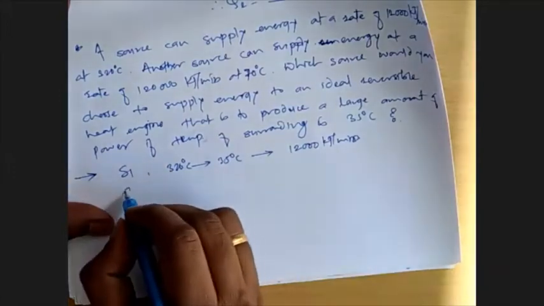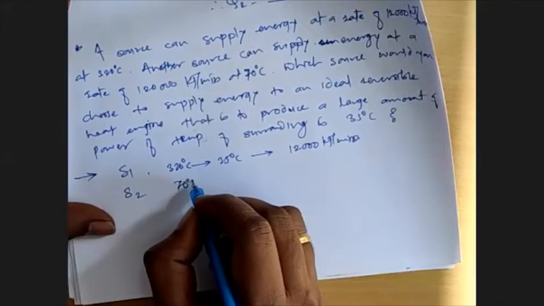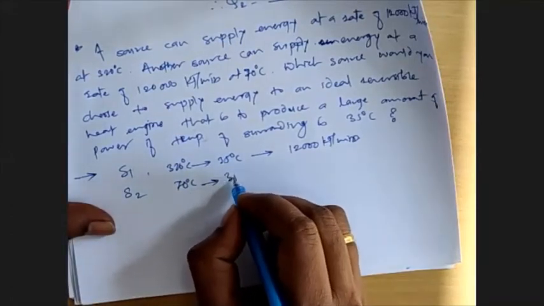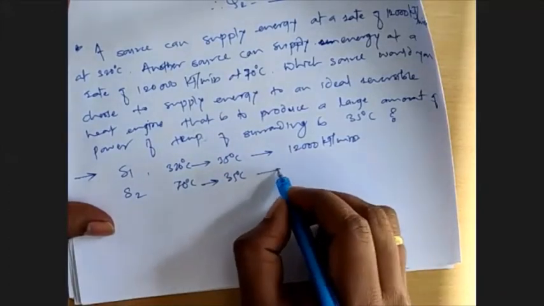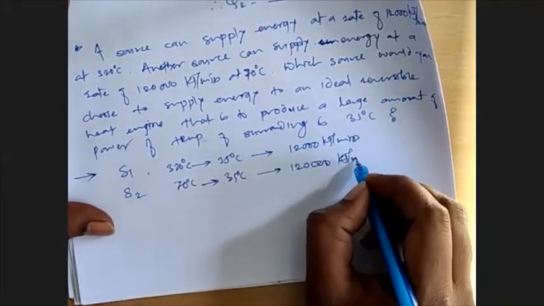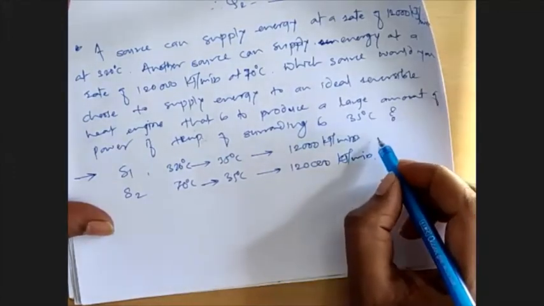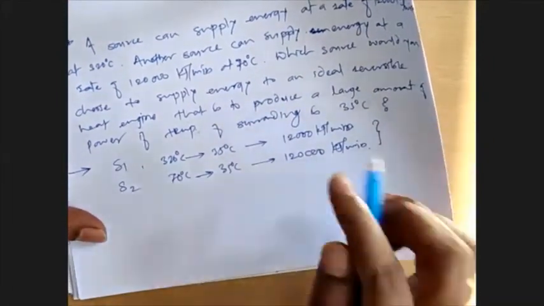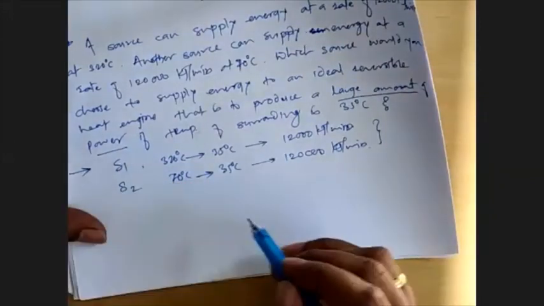And there is another source S2 that is working between 70 and 35 degrees Celsius, the same atmosphere, and it can supply 1,20,000 kilojoules per minute of energy. And we need to choose from those two sources so that we can have a large amount of power.